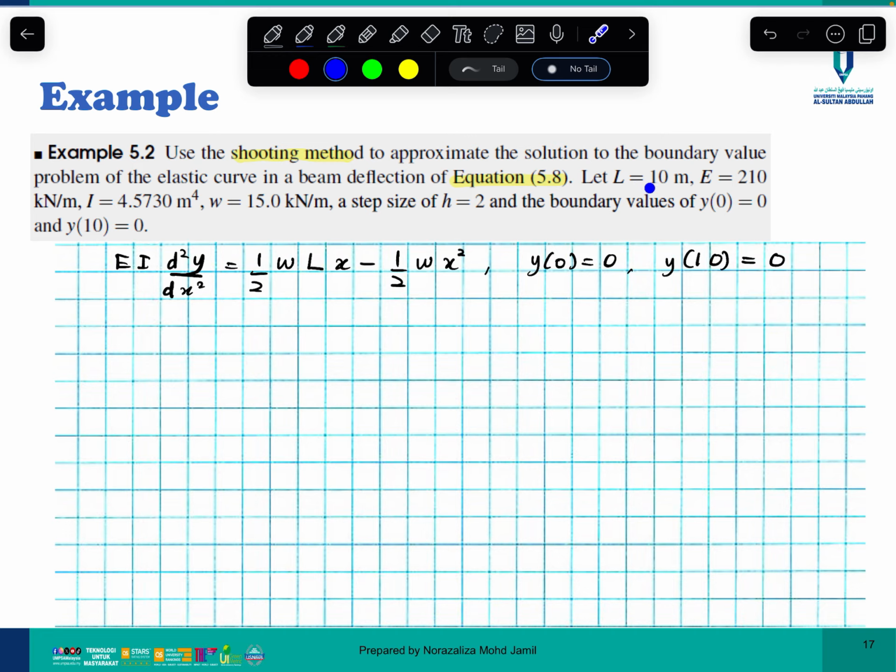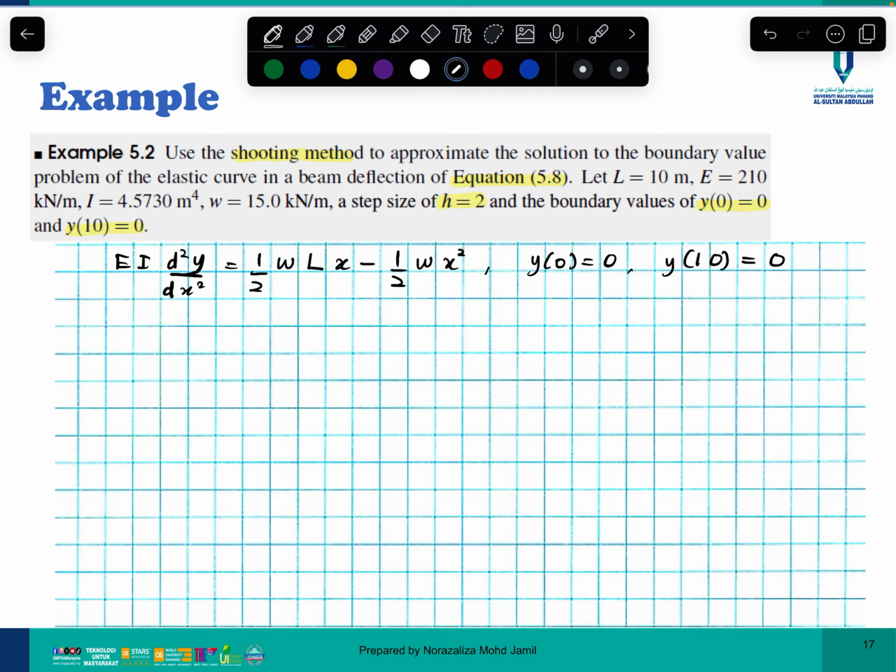Let L be given as 10 meters, E is 210, I is 4.5730, W is 15, and a step size h equal to 0.2, and the boundary values y(0) equals 0 and y(10) equals 0. So we will insert the parameter values into the equation.